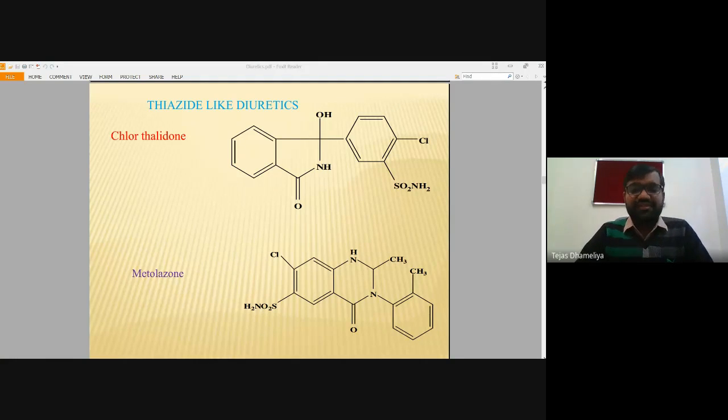In other words, we can call them thiazide mimetics. जैसे होता है ना parasympathomimetic, parasympatholytic. So we can call them thiazide mimetics, but people also used to call them thiazide-like diuretics. Yes. So chlorthalidone and metolazone, these are the additional two.